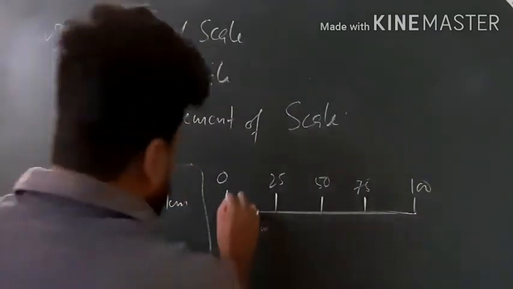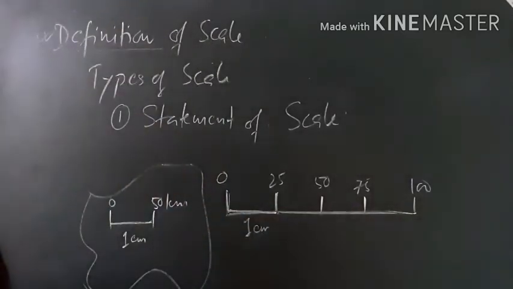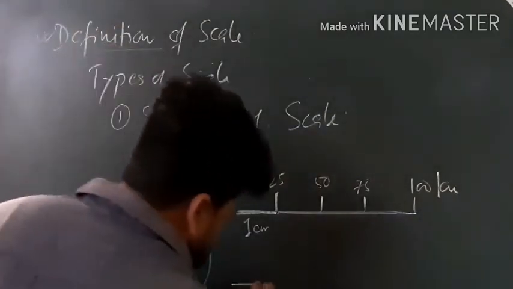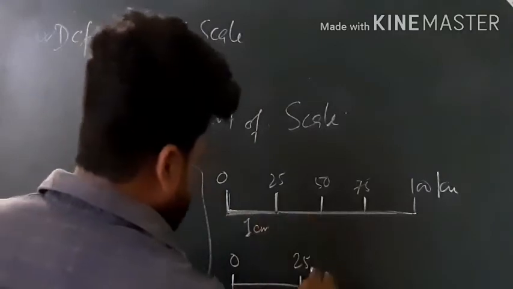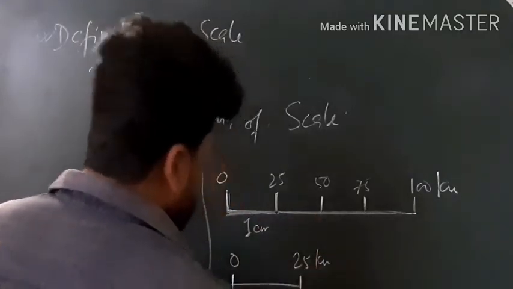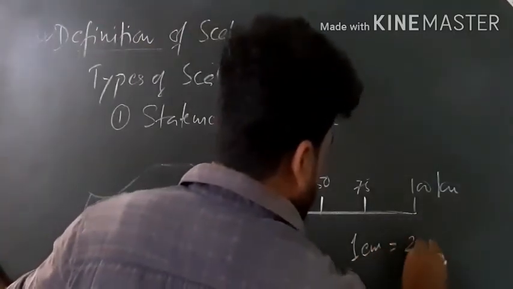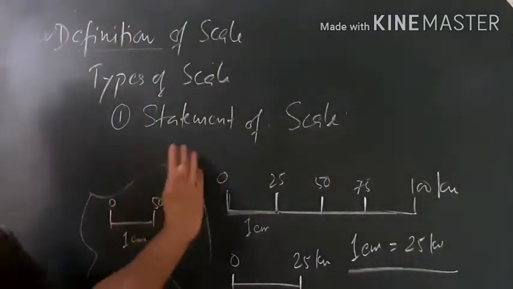Within 1 centimeter distance, how many kilometers are we representing? So here we can write 1 centimeter is equal to 25 kilometer. This much only. Simple. Nothing more is there in the statement of the scale.